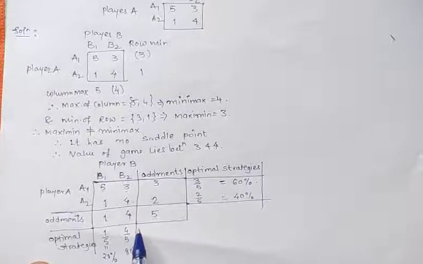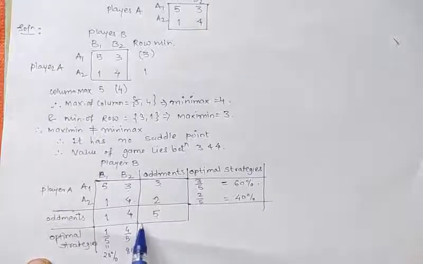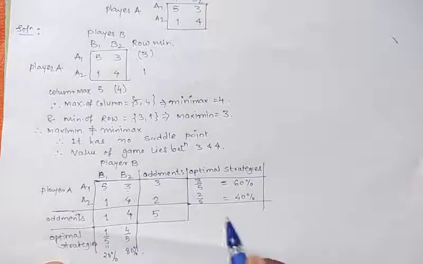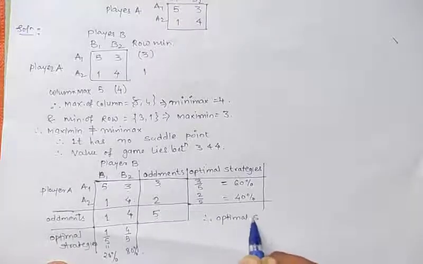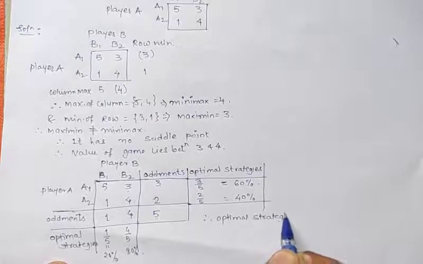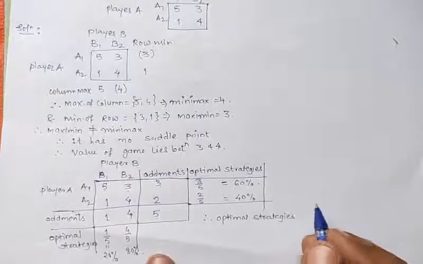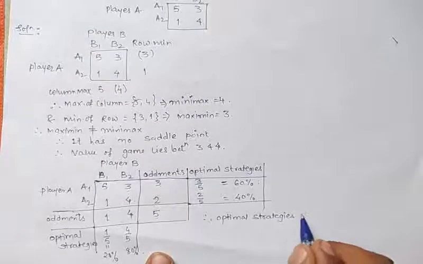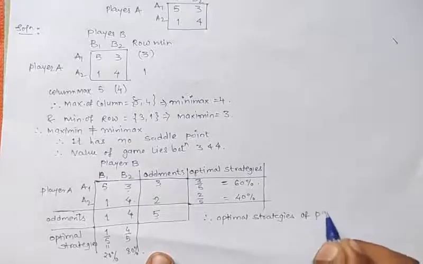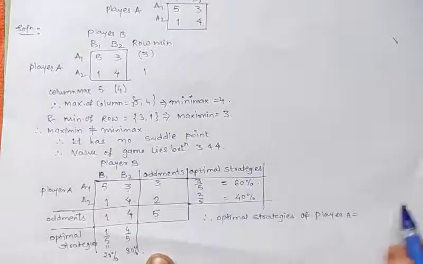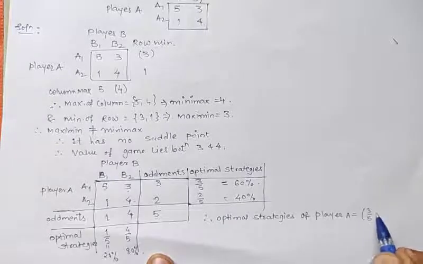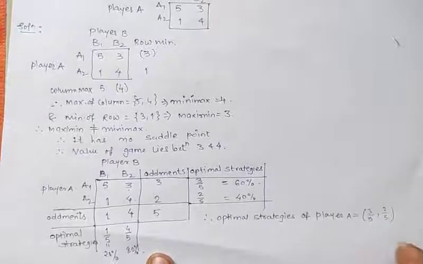Now the optimal strategies for the two players are as follows. Therefore its solution: the optimal strategies of player A are 3/5 and 2/5.